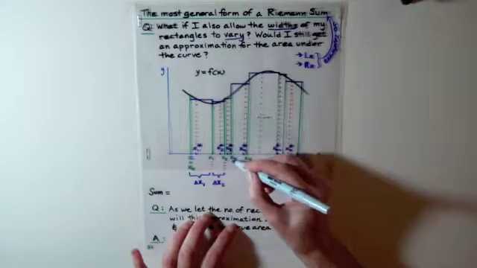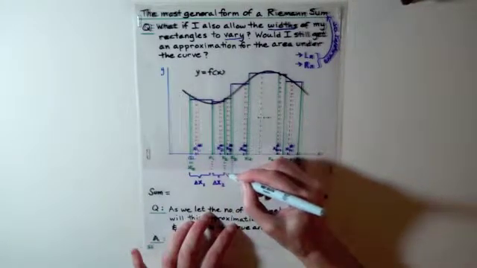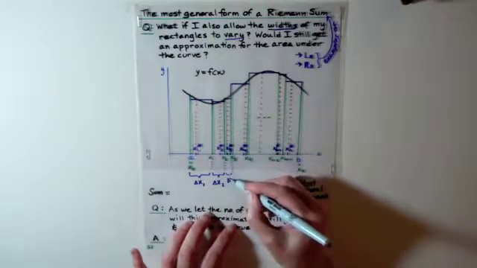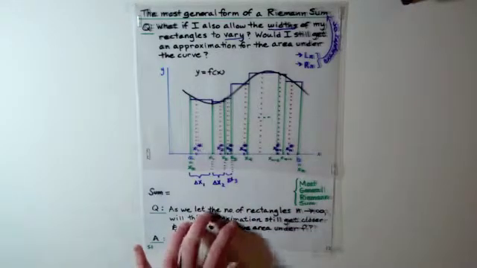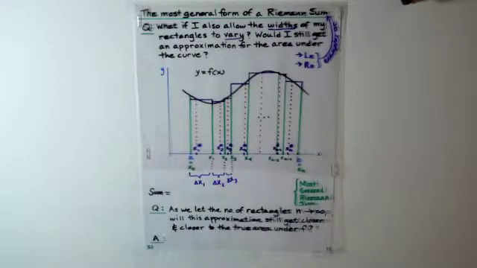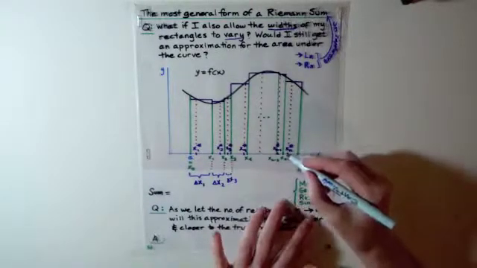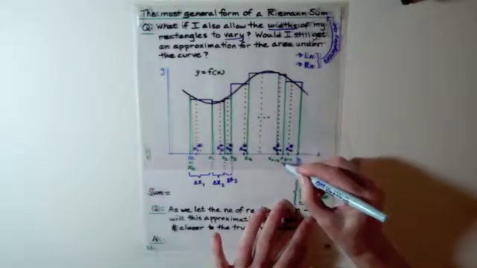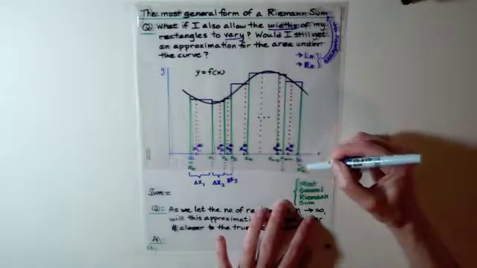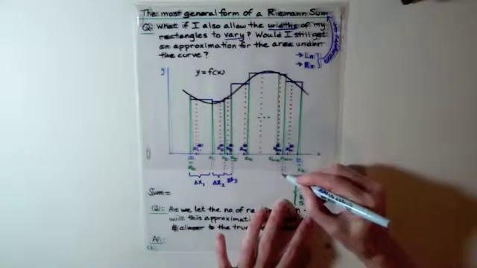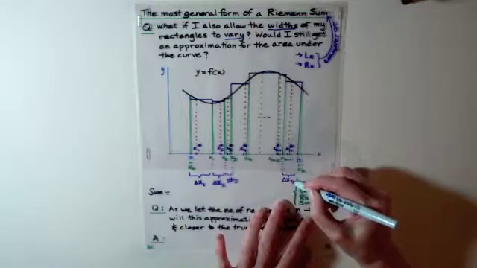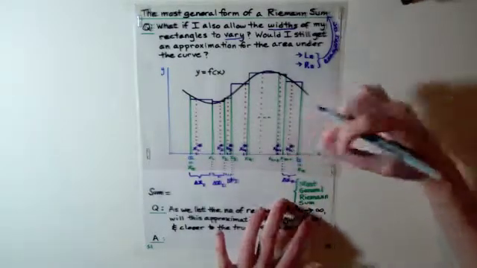And the width of the third rectangle, well, that looks really skinny. That's kind of hard for me to even draw on there. That would be delta x sub 3, and so on. So now I'm allowing the widths of the rectangles to vary, to be different from each other. If I go to the very last rectangle, it's the rectangle that goes from x sub n minus 1 up to x sub n, and so its width would be delta x sub n. It's just the width of the nth rectangle.